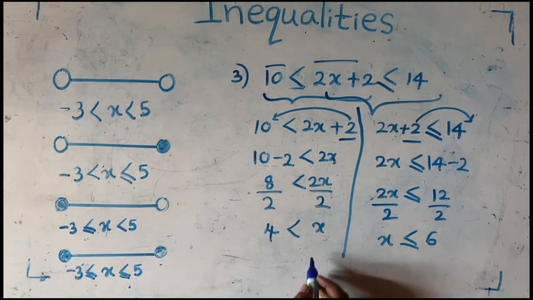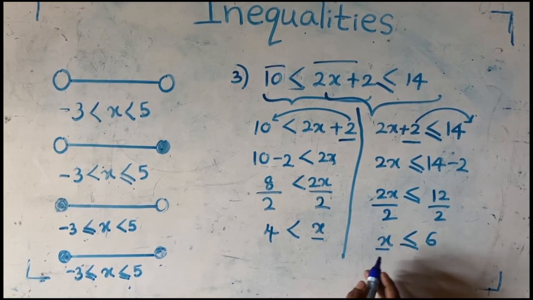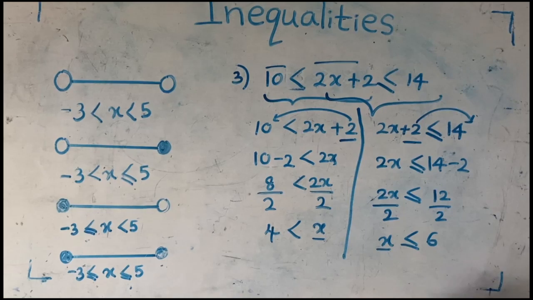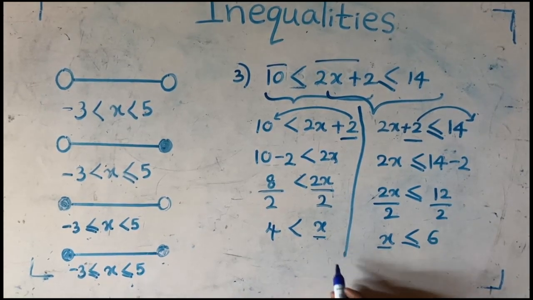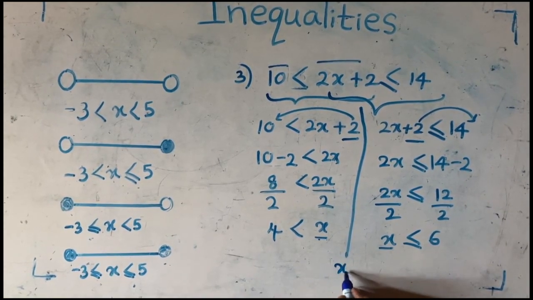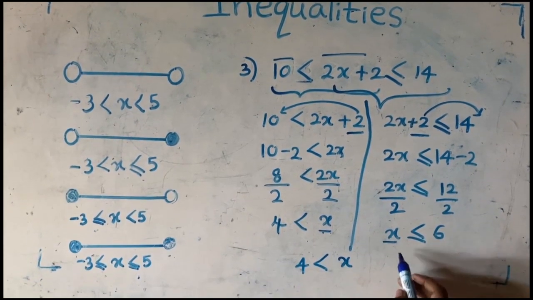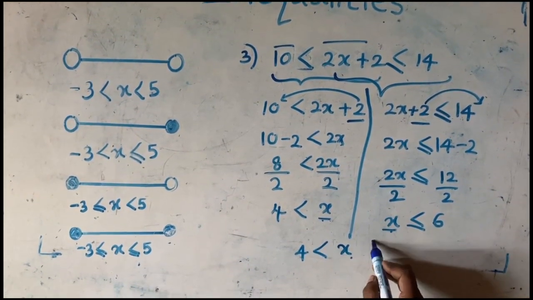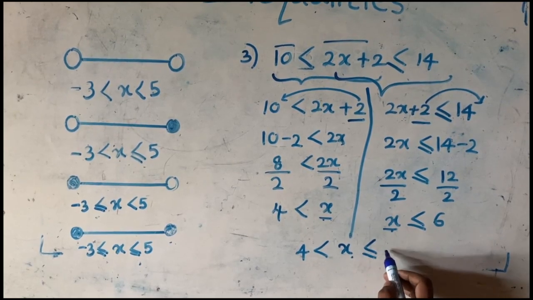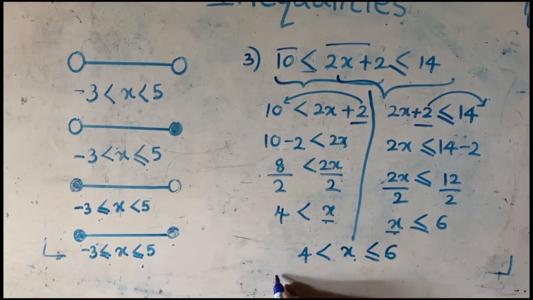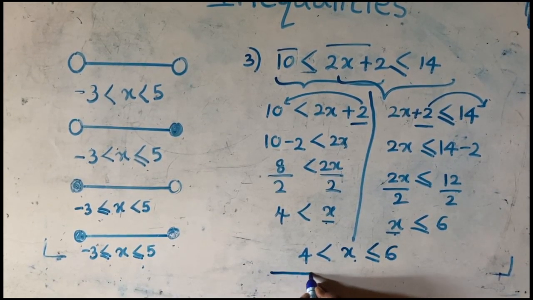Now see, here also x is there, here also x is there. Now we are going to combine these two inequalities. I write the x here and I'm combining it. I'm taking this x to here, then it is less than or equal to 6. So, I am going to show these inequalities on a number line.